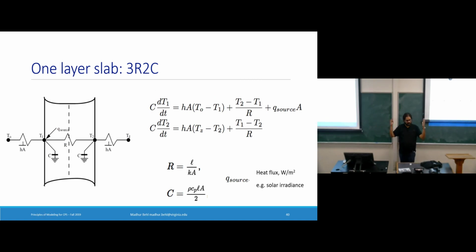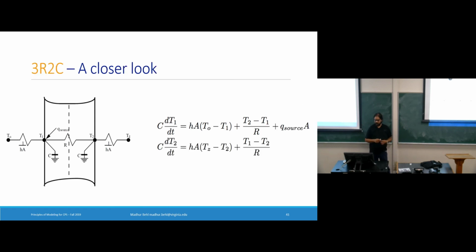So that's why we spent all that time looking at energy storage, to convince you that this is one thing to say it applies for a simplified mass damper spring system, but it applies everywhere. And that's the power of systems theory. Once you have solved something, you can just learn and do that to anything that can be described in the same framework. Okay? So that's the reason why we need 2 capacitors, and this model is called 3R2C.